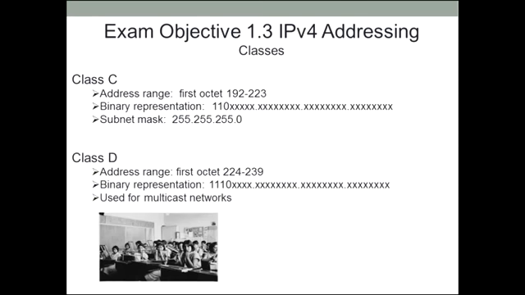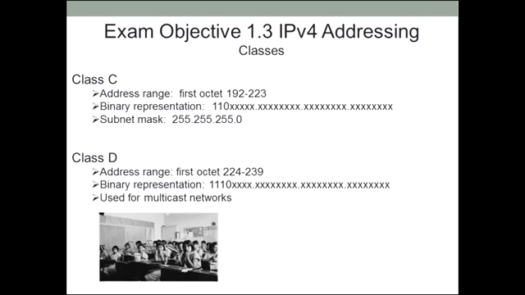Class C, their address range was always 192 to 223. And their binary representation, the first 2 digits were always 1, the third digit was always a 0. Their subnet mask was 255.255.255.0.